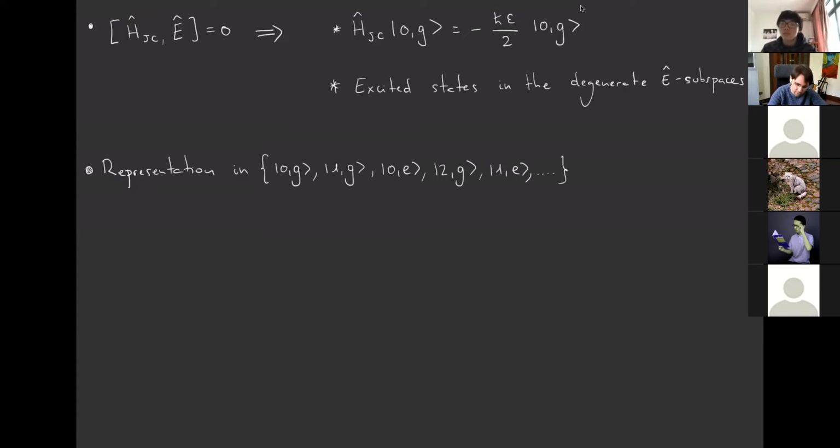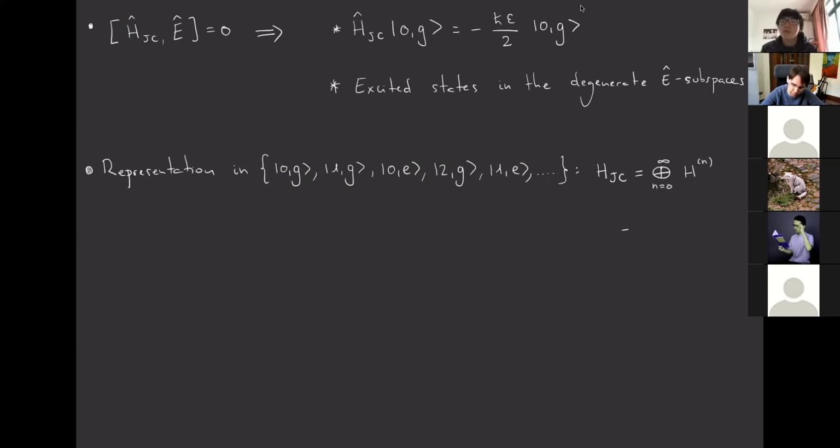So this is 0 excitations. These two give you 1 total excitation, these two give you 2 total excitations, and so on. If you do that, the representation of the Hamiltonian is easily written as what we call a direct sum. I don't know if you are familiar with this, but I'll explain in 1 millisecond what this means.